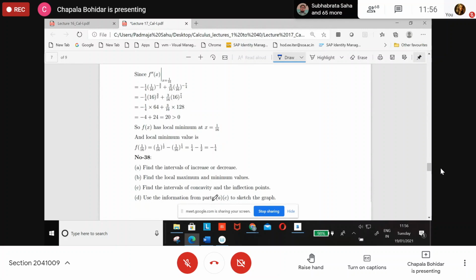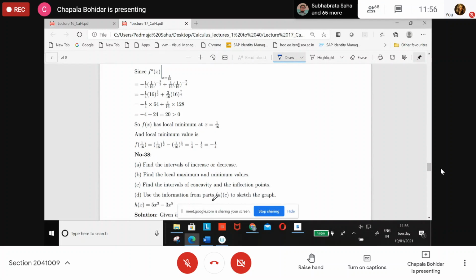Okay. Now, question number 38. Write down that question now. Find the interval of increase or decrease. Second part, find the local maximum and minimum value.